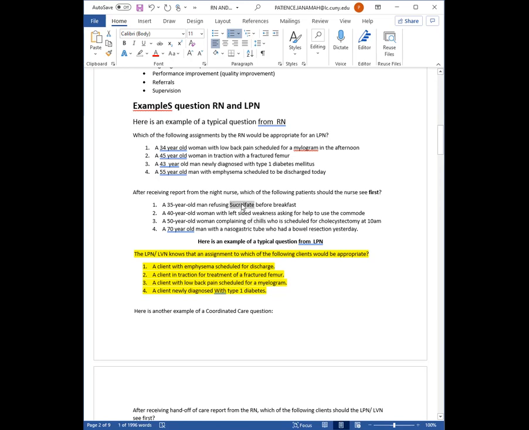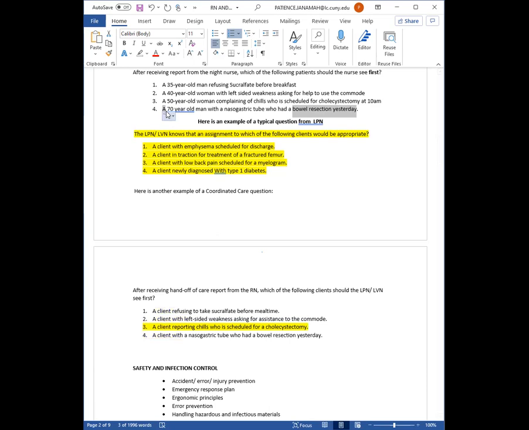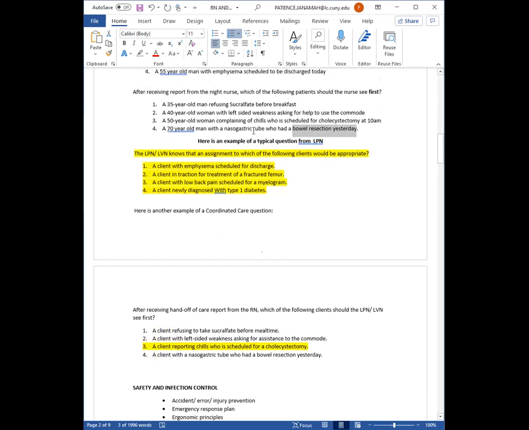If it was chest pain and the patient is refusing nitroglycerin, then you have a concern. Then when you look at the patient that had the bowel resection yesterday, the patient is stable, even though the patient is an older man. So I wouldn't rush to this patient.